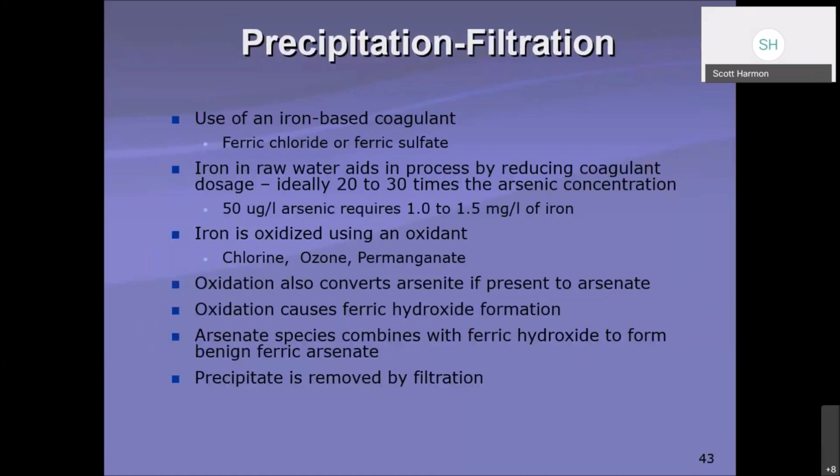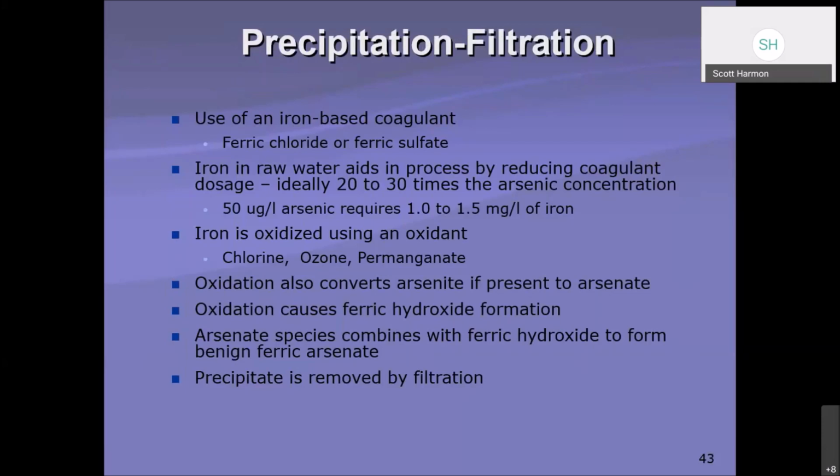So this next thing we're talking about, precipitation and filtration. In this particular case, they're again using an iron-based coagulant. Arsenic reacts very well and adheres to iron-based substances, so that's ferric chloride and ferric sulfate, those types of things. Again, with any coagulant that we're talking about on the ferric side, there are some drawbacks. If it passes through your treatment process, you're going to get rusty water calls, red water calls, things like that.